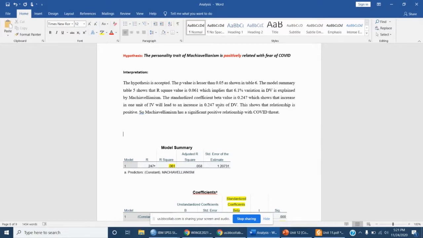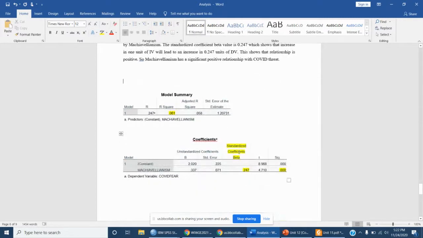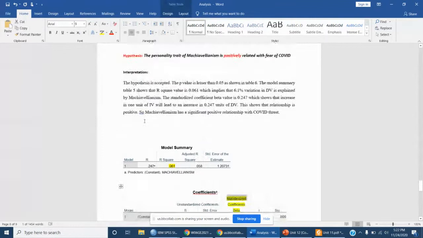So a quarter of the movement is corresponded by DV, but the relationship is positive, which is the most important information provided by this particular column. So overall, Machiavellianism has a significant positive relationship with COVID threat.